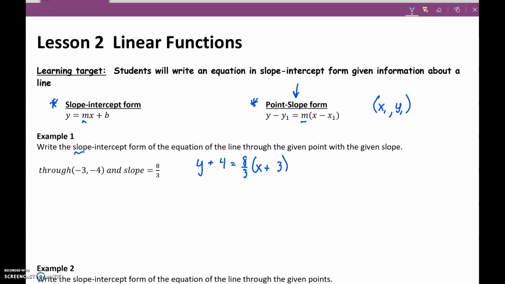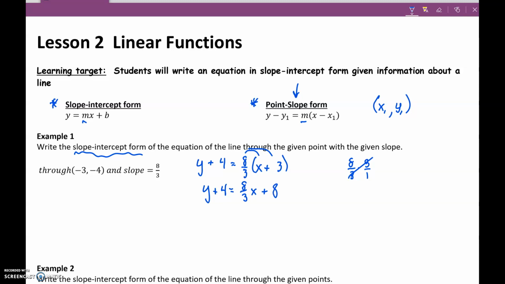Now to convert this into slope intercept, distribute. And then 8/3 times 3. 3 is a fraction, 3/1, and the 3's cancel out, so you're left with 8/1, which is just 8.